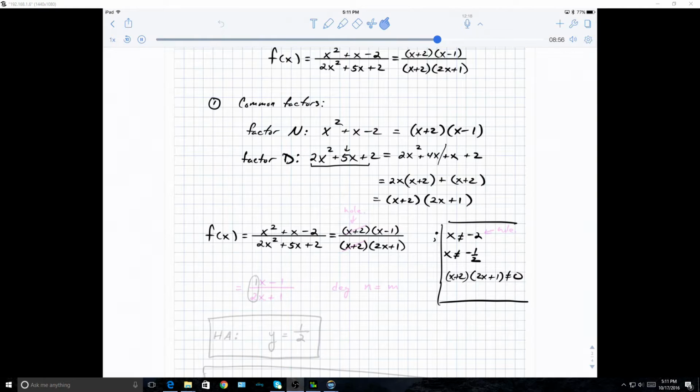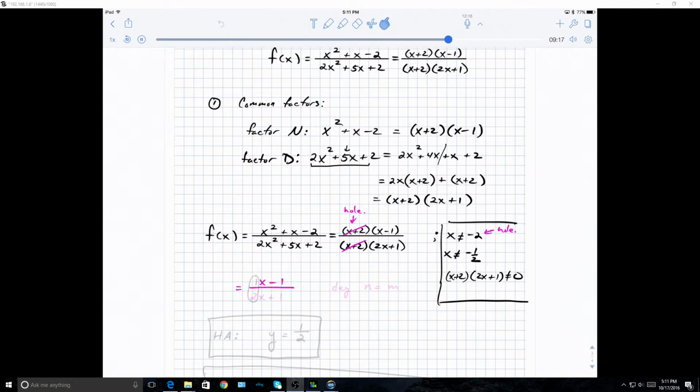But what's interesting is that the factor x plus 2 goes away. In essence, this is what we would call a hole in the graph at x equals negative 2.